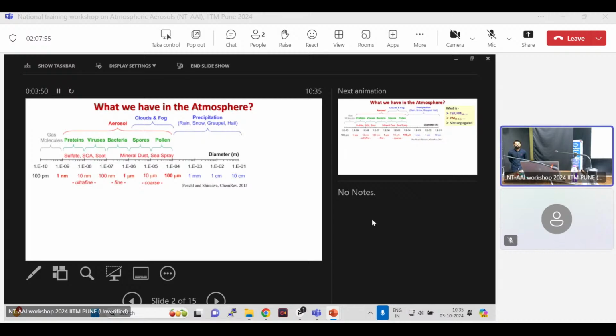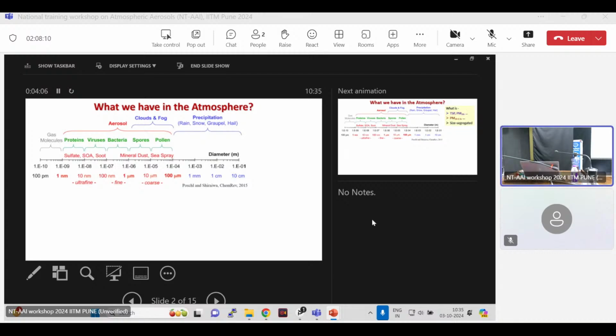And there is some color coding. I like this figure from this paper, so I use it whenever I am doing this kind of presentation. So what you see is that 9 orders of magnitude of things are present in the atmosphere.